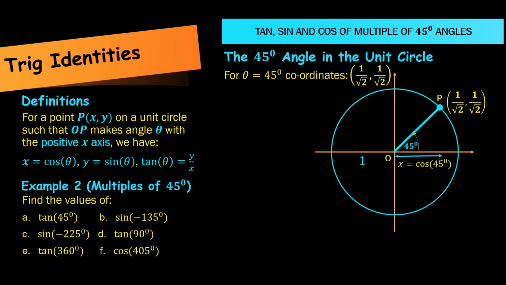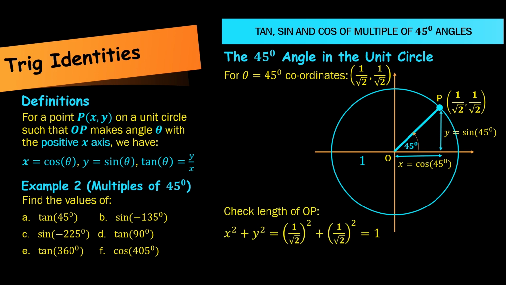So therefore, x equals cos 45 degrees equals 1 over root 2, and similarly for y equals sine 45 degrees. And this indeed is the length of OP, because x squared, which is 1 over root 2 squared, plus y squared, which is 1 over root 2 squared also, equals 1.